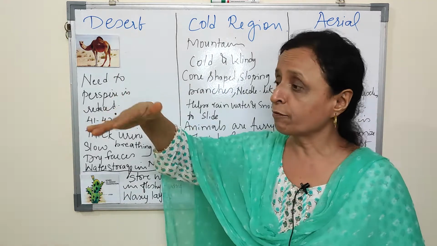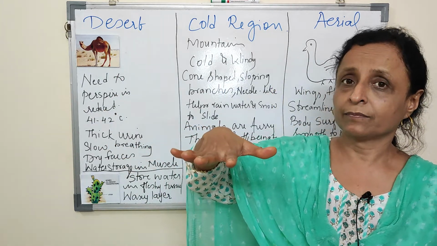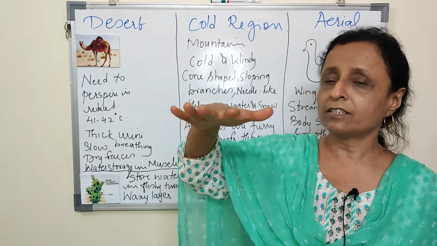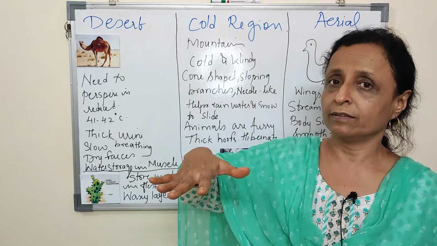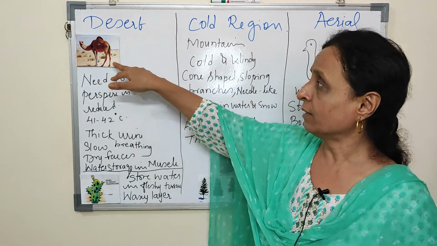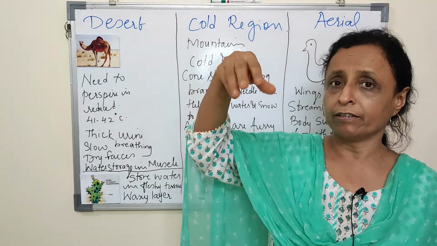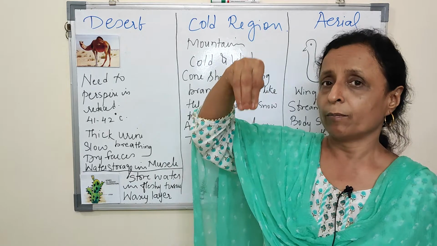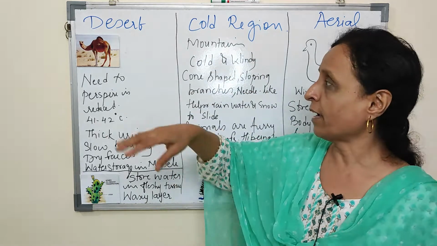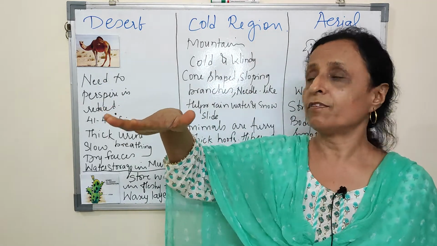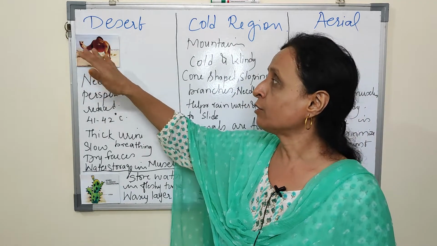Its feet are flat. It does not sink in the soil. The dry soil in the desert, if the hooves were pointed, it would have sunk inside, but the hooves are flat, so it does not sink in the soil.